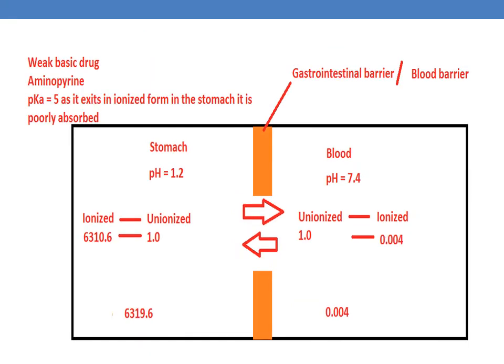Now similarly, let us consider a weakly basic drug, for example aminopyrine. The pKa value is 5 and it exists in ionized form in the stomach and is poorly absorbed from the stomach. A weakly acidic drug is rapidly absorbed from the stomach, whereas a weakly basic drug is poorly absorbed from the stomach because it mainly exists in ionized form.